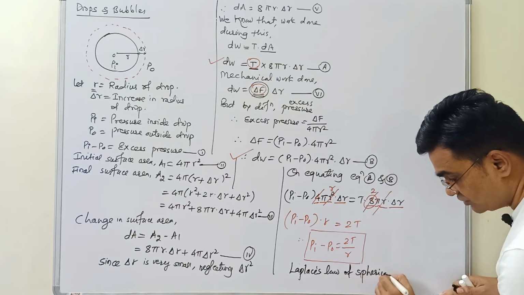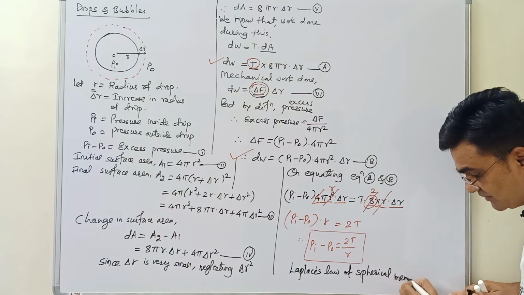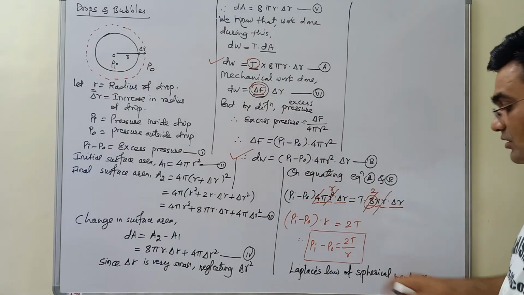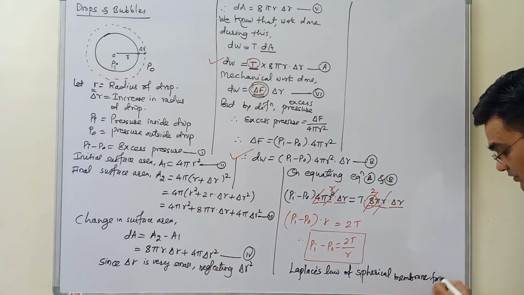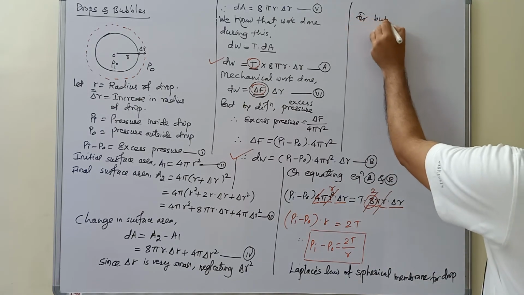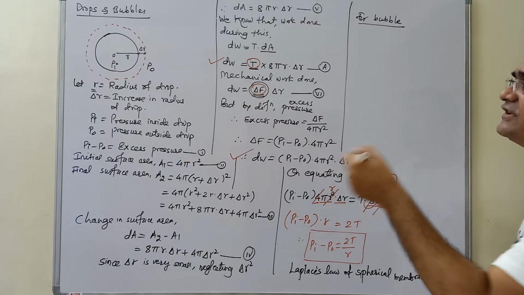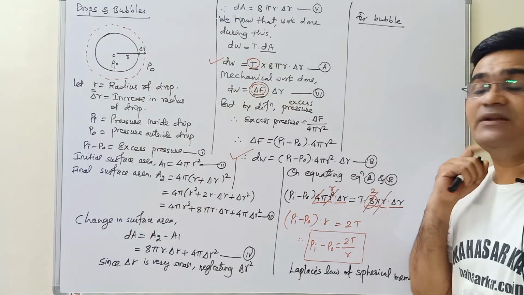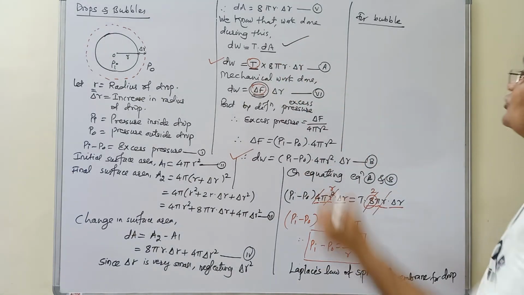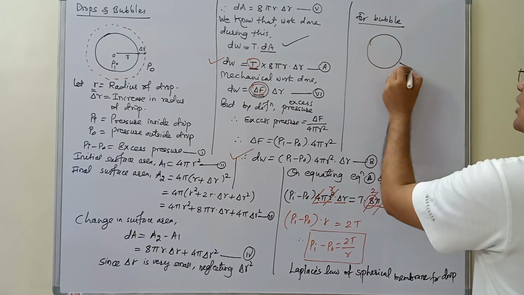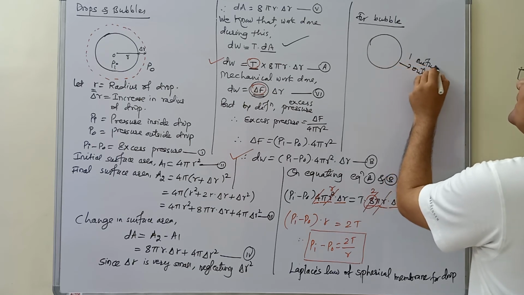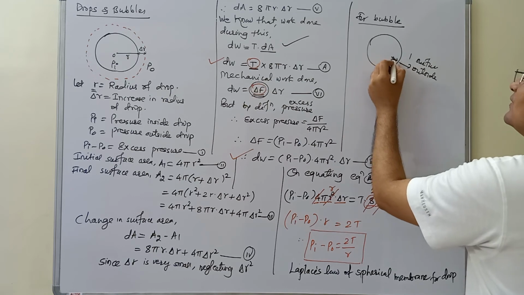This formula is also called what? Laplace's law of what? Spherical membrane. Now this work we have used for drops. For drop. Okay. Now for bubble. What change in the surface area of the bubble is going to take place? You have already learned in this derivation initially. So when a bubble is considered, there is one surface outside the bubble and one surface inside the bubble.